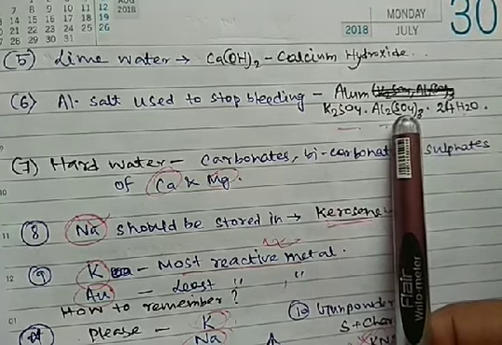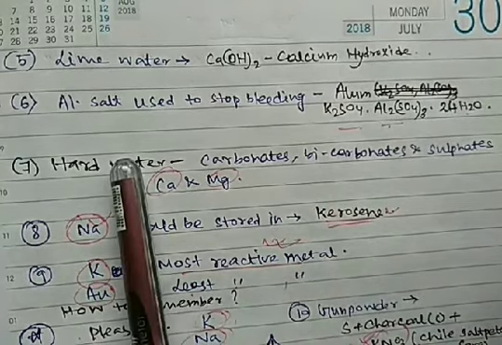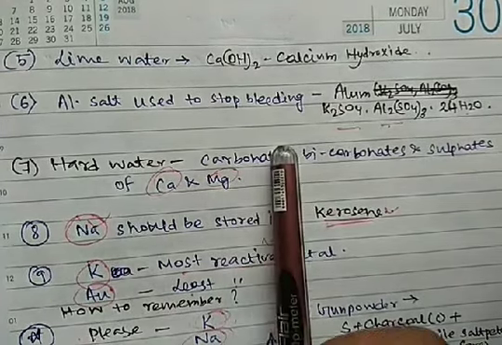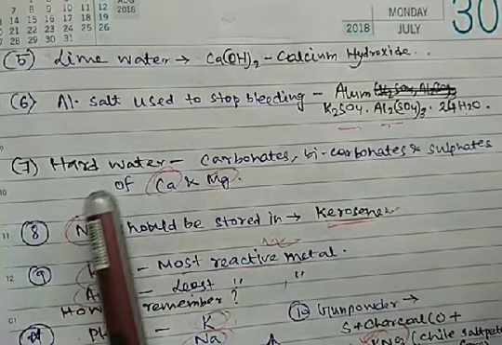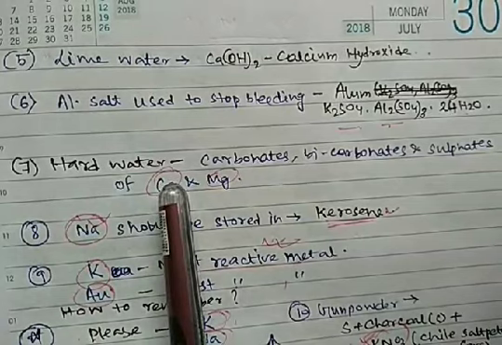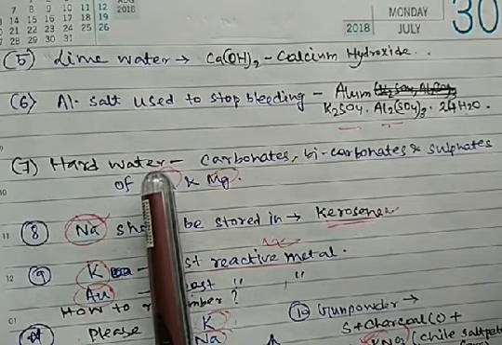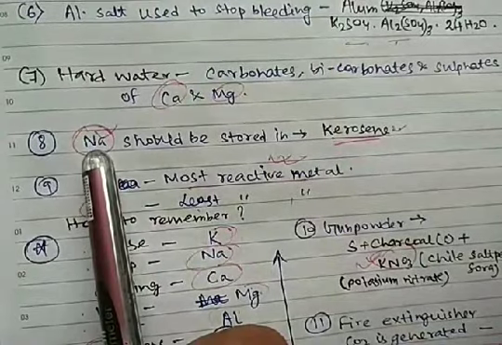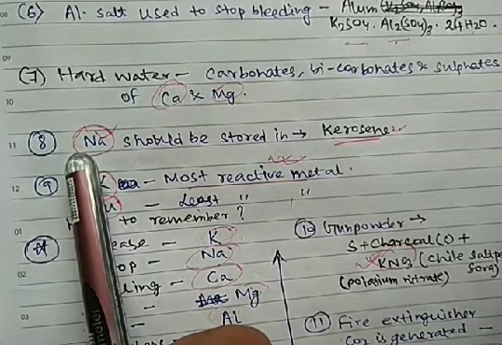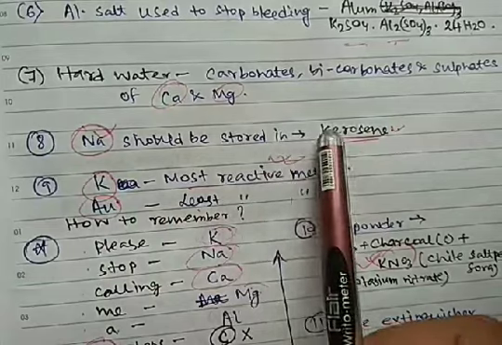This is also a kind of double salt. The hard water contains the carbonates, bicarbonates and sulfates of calcium and magnesium, like calcium sulfate, magnesium carbonate, magnesium bicarbonate, Mg(HCO3)2, like those. Now sodium, you all know the symbol for sodium is Na, should be stored in kerosene.